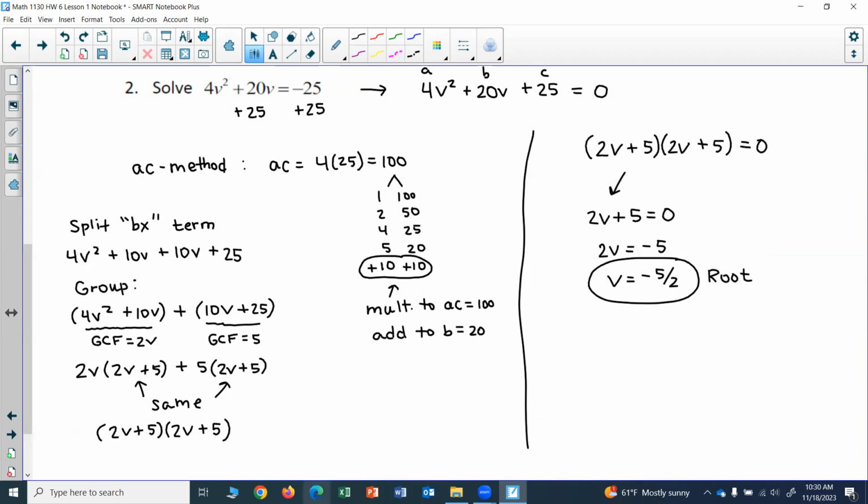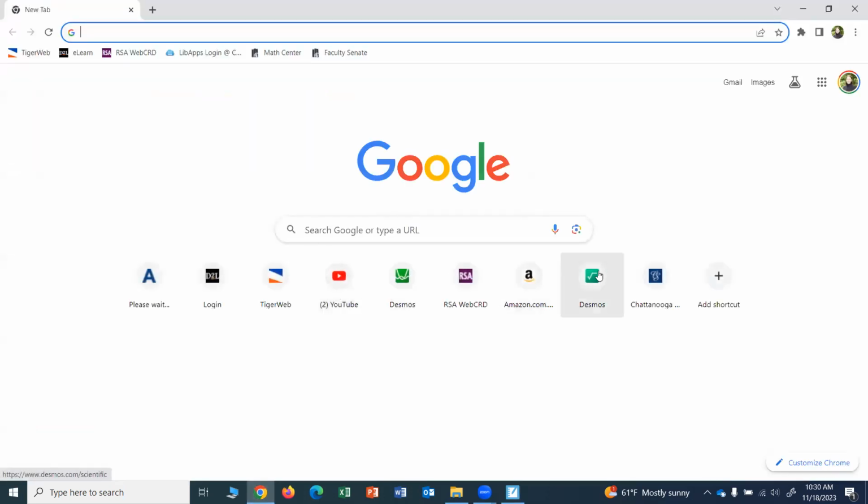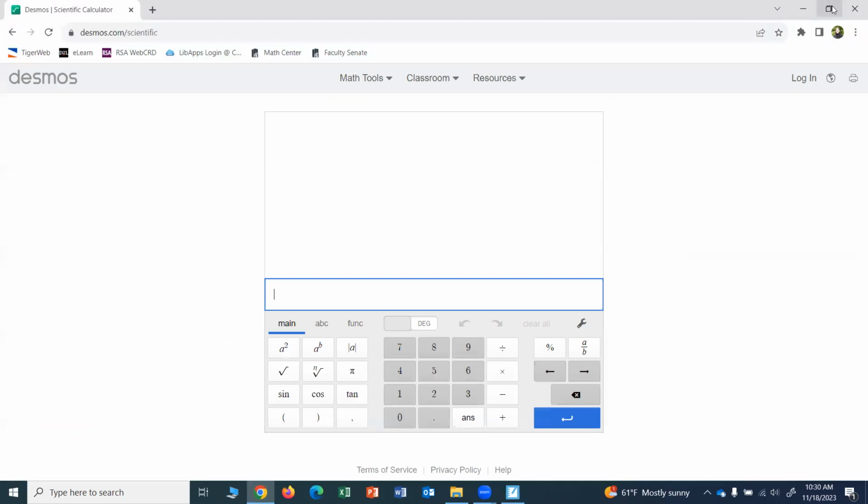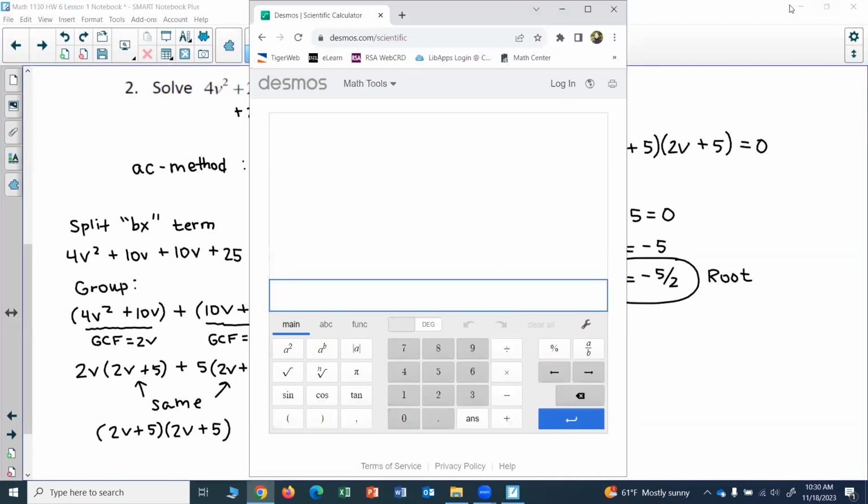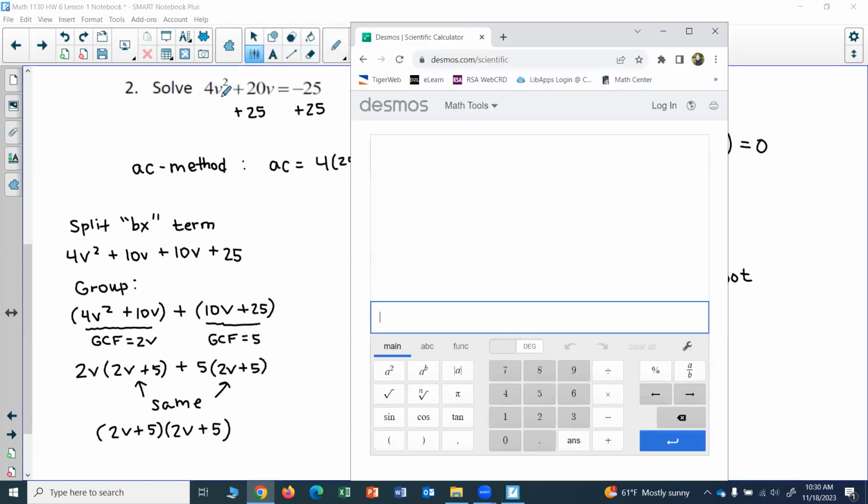Now, how do we check? The way that we check is we take that number and plug it into our original. So let me pull up a calculator here. I'll go ahead and pull up the Desmos calculator. And I have negative 5 halves, and I'm trying to plug it into this original equation.